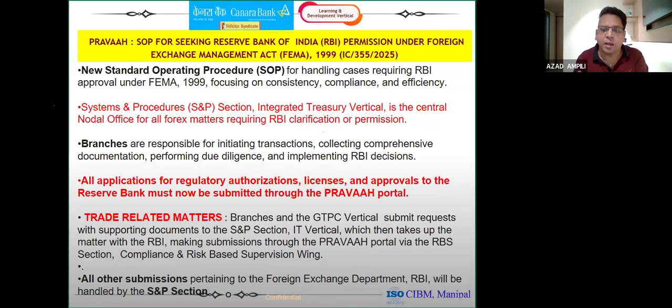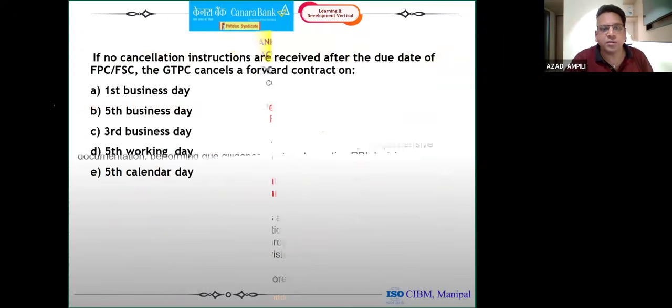It will not go directly to PRAVAAH; it will go to RBI through the compliance wing. So this is about trade-related matters. All other submissions pertaining to the RBI Foreign Exchange Department will be handled by the SNP section directly. It will not send everything through the compliance wing, only trade-related matters.